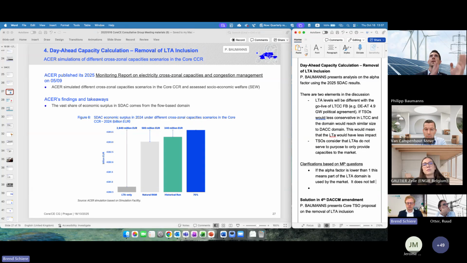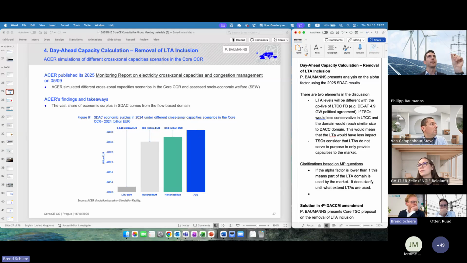There are hours where LTAs are used, but whether the capacities would collapse without LTA inclusion cannot be drawn from that. And if there's a significant socioeconomic surplus from this LTA inclusion based on that graph, I would say no, based on the natural run, and with virtual margins included, probably even less.